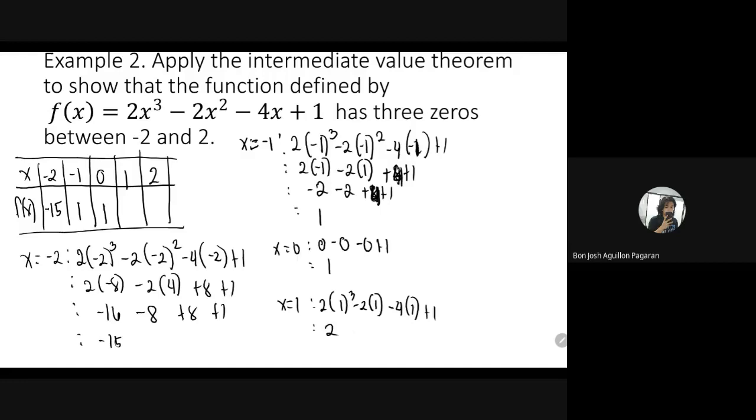This is 2 minus 2 minus 4 plus 1, negative 3. Tama ba po? 2 minus 2, 0, negative 3 yan. When x is 2, ang gulo na solution ko.